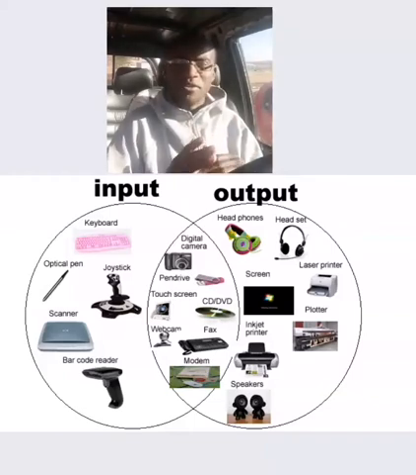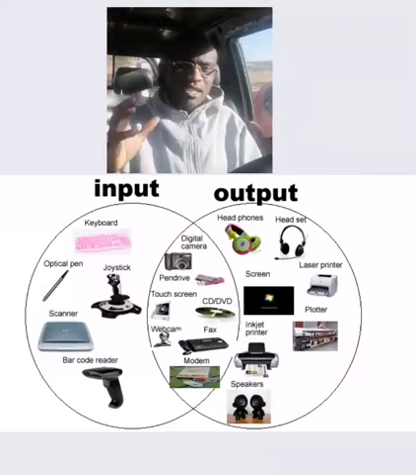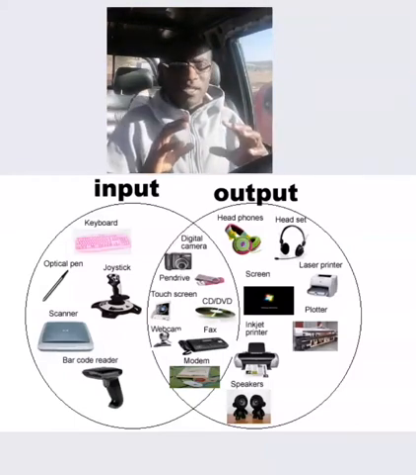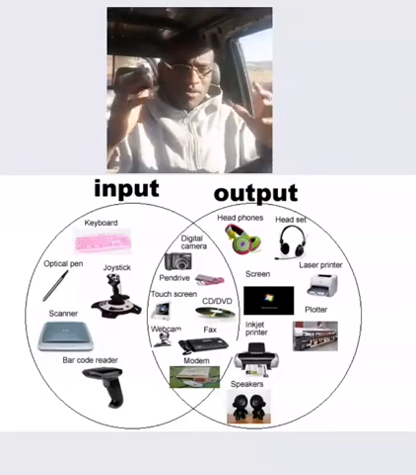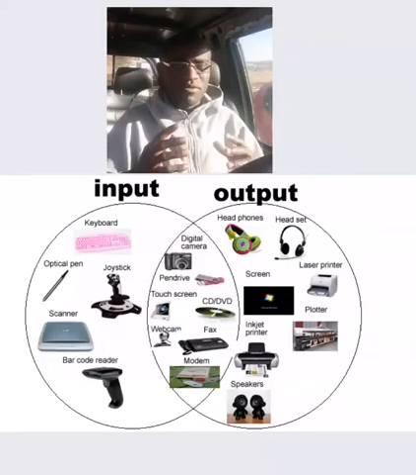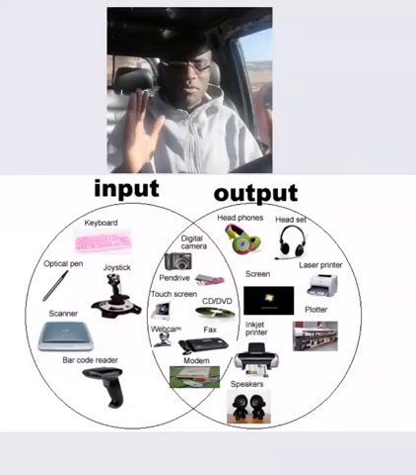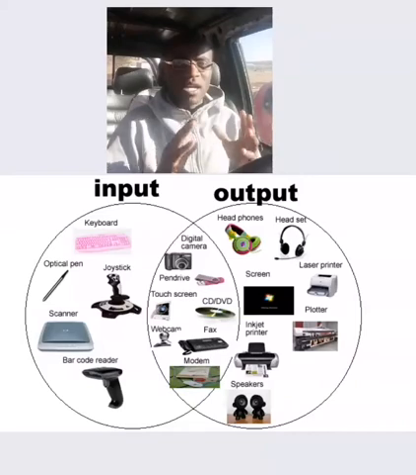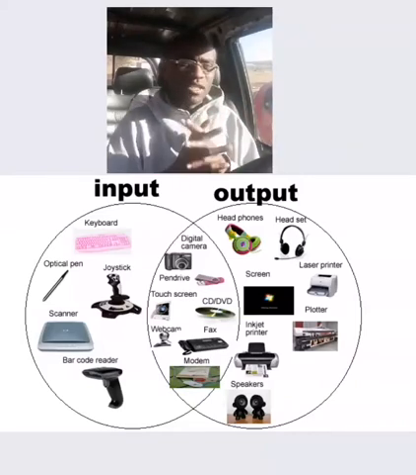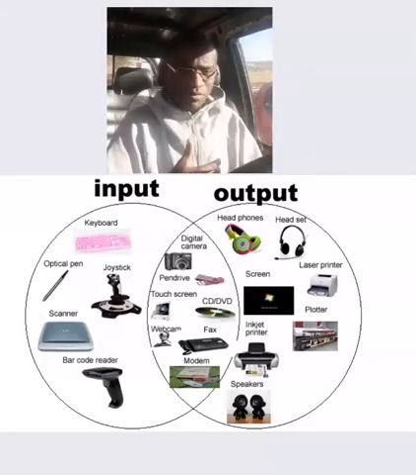Okay, so you would understand that a computer is made up of two broad categories of devices, or alternatively we can say the components that make up a computer can be divided into two main categories, which are hardware and software. Now today we are confining ourselves to hardware, and in particular we are looking at input devices as well as output devices.